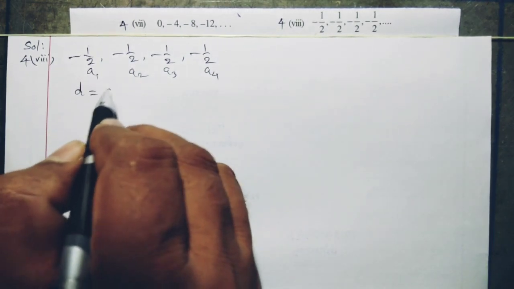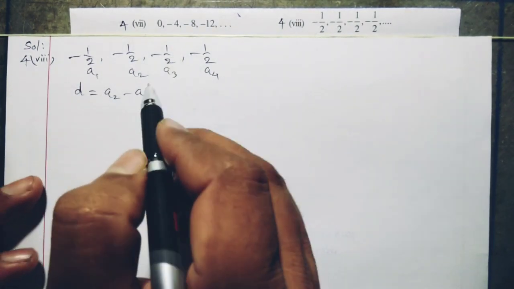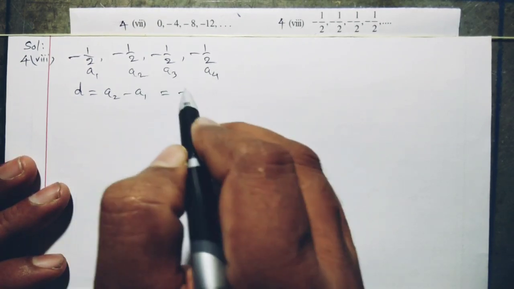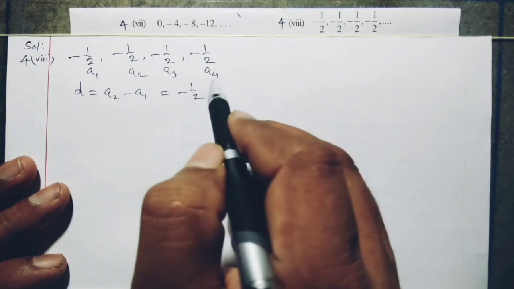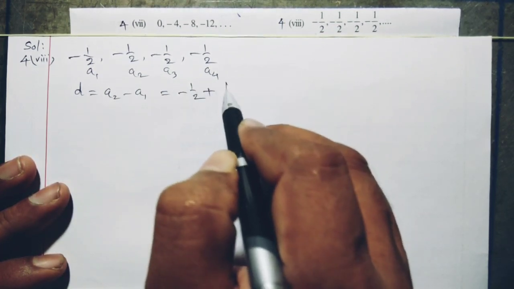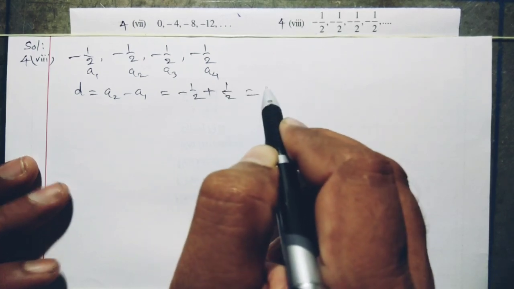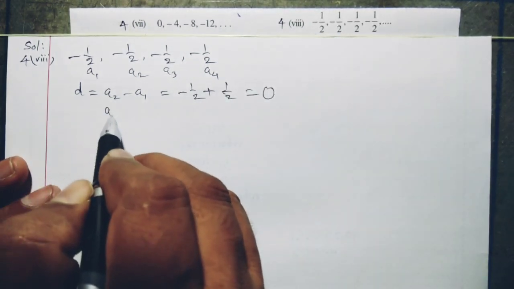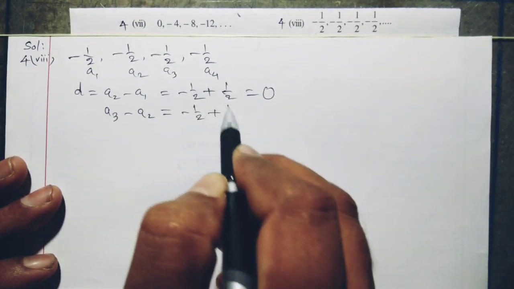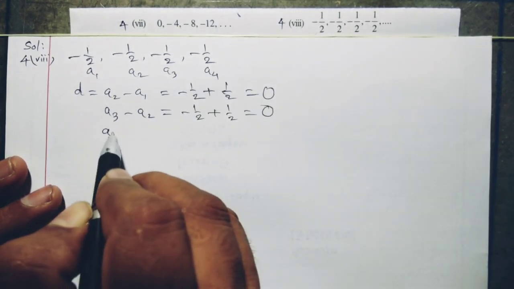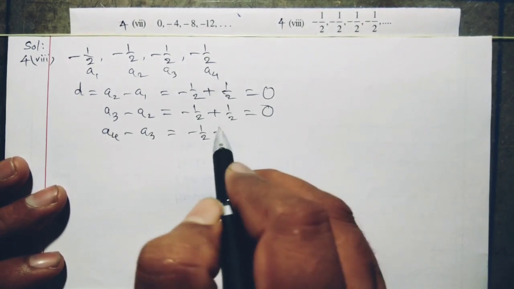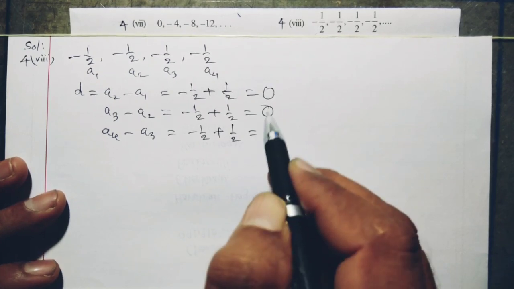Common difference d is equal to a2 minus a1, minus 1 by 2 minus of minus 1 by 2, which is minus 1 by 2 plus 1 by 2, equal to 0. a3 minus a2 is minus 1 by 2 plus 1 by 2, 0. a4 minus a3 is minus 1 by 2 plus 1 by 2, equal to 0.